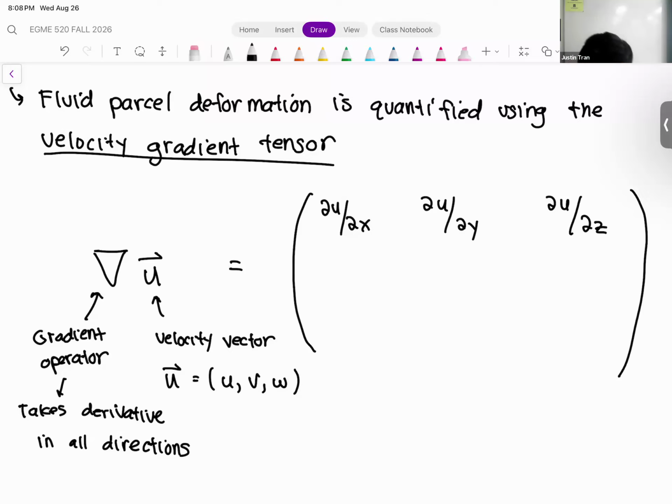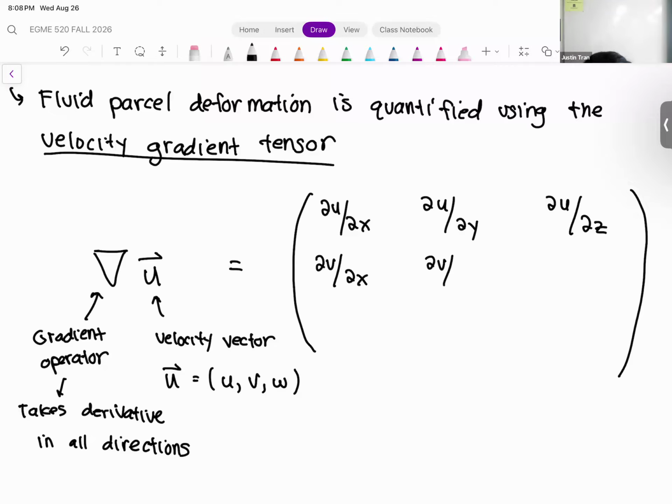Okay. All right, second row. The second row is going to be the derivative of v, the y component, in terms of x, y, and z. So you have partial v, partial x, partial v, partial y, partial v, partial z. Right. And then the last row, of course, is going to be the derivative of w with respect to x, y, and z.